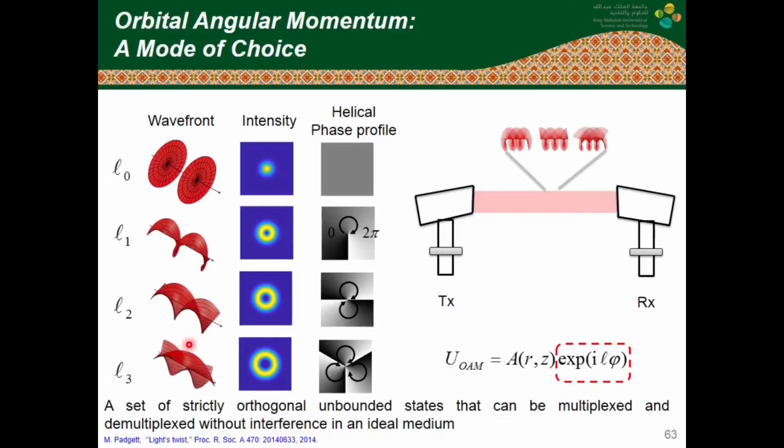It's either clockwise or anti-clockwise. The particular case of l equals 0 corresponds to the Gaussian beam used in single mode FSO or fiber communication.